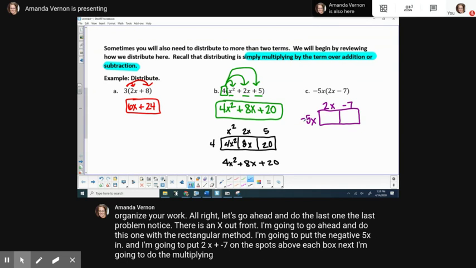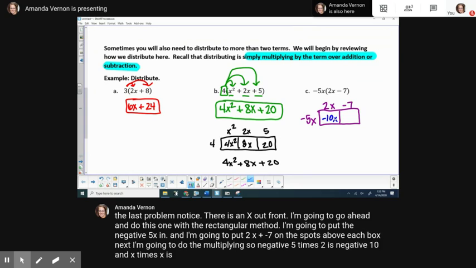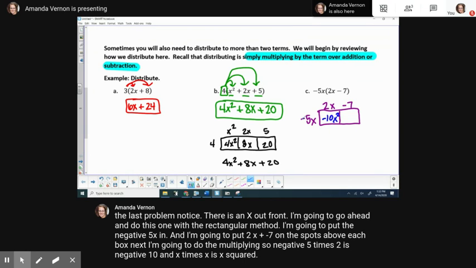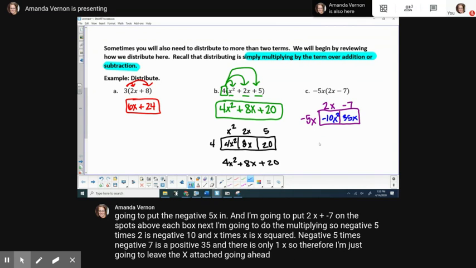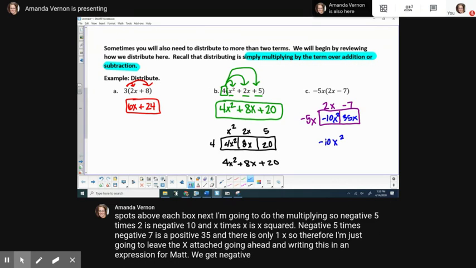So negative 5 times 2 is negative 10, and x times x is x squared. Negative 5 times negative 7 is a positive 35. And there is only one x, so therefore I'm just going to leave the x attached. Going ahead and writing this in an expression format, we get negative 10x squared plus 35x.